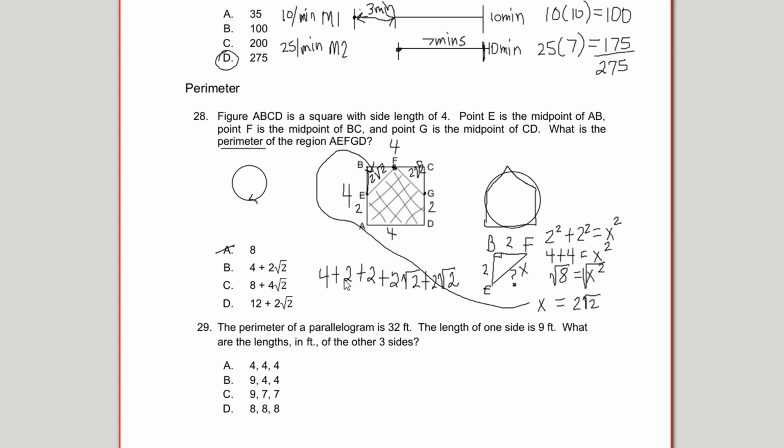So we have 4 plus 2 plus 2 is 8. Plus, now we can add these two up. Because they both have radical 2, we can add the values in the front. 2 plus 2 gives us 4, and then we have the square root of 2. So our answer is going to be C. 8 plus 4 times the square root of 2 is the perimeter.